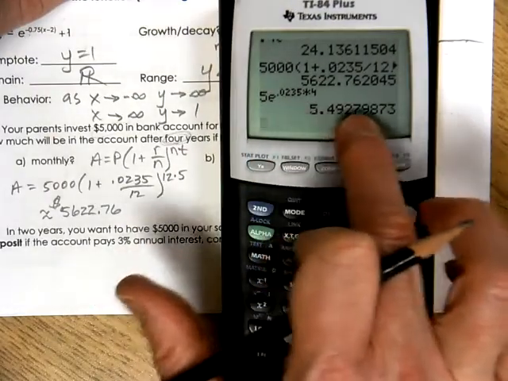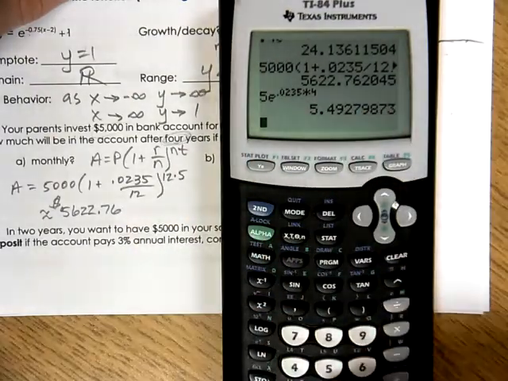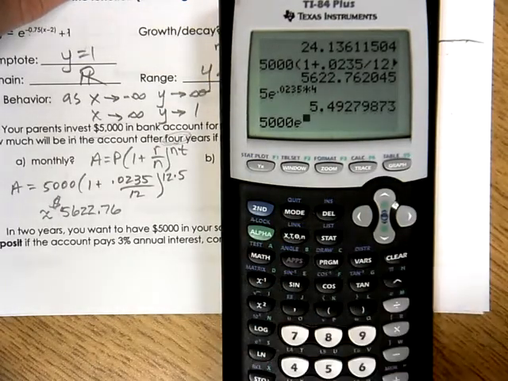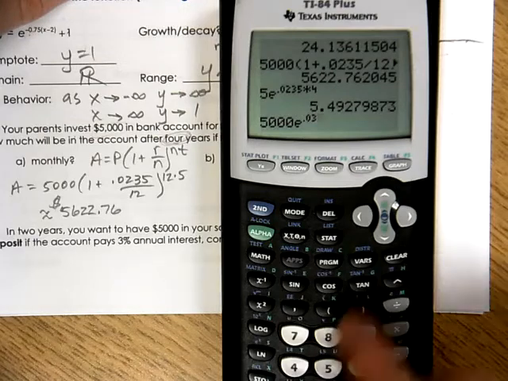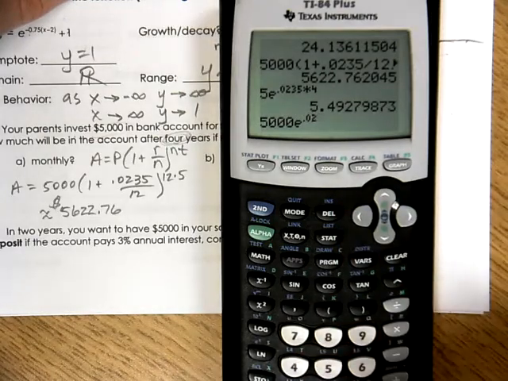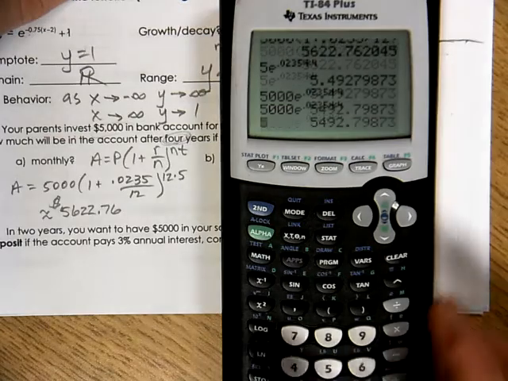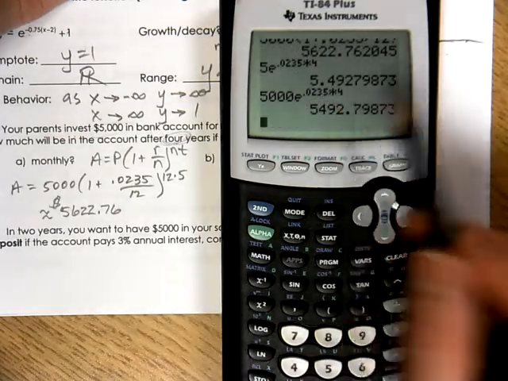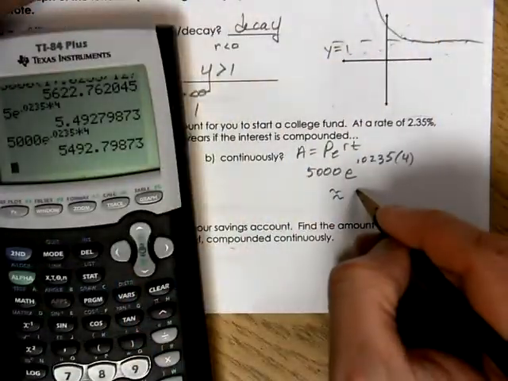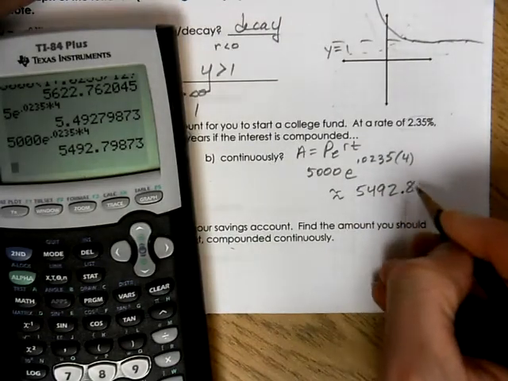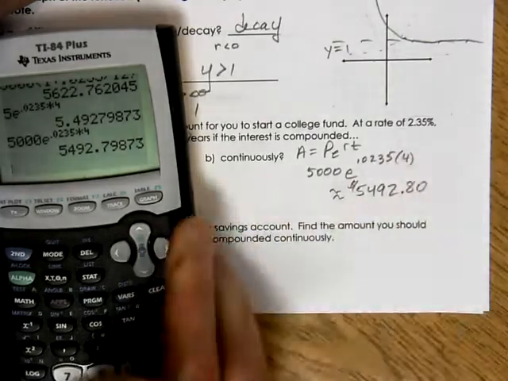So the decimal spot's just going to slide over. Watch this. So 0.0235 times 4. We get our same numbers, but the decimal spot slides over. 5492.80.